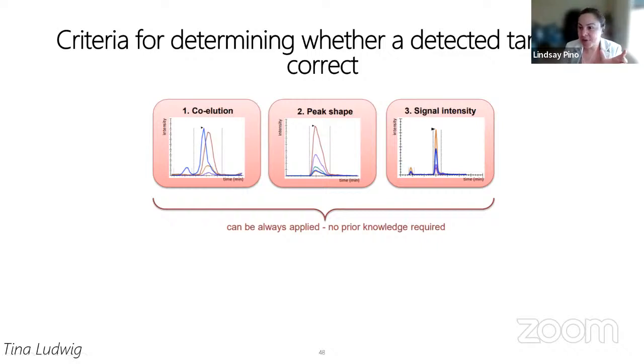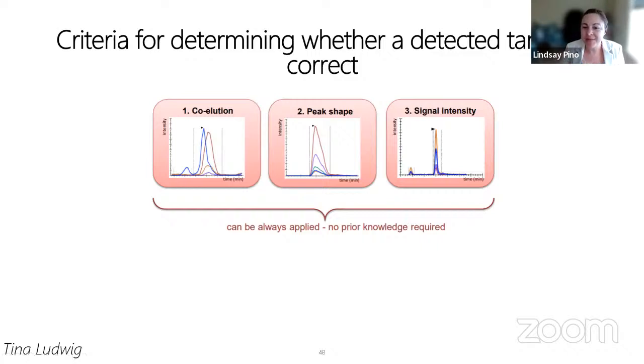So some of the things that we're looking for in a good quantitative data set: the peptide signal should all co-elute. You see this blue signal is not perfectly stacked with the red, orange, and purple signal. You want them all to be a perfect rainbow, all perfectly co-eluting. The peak shape, ideally, will be very symmetrical.